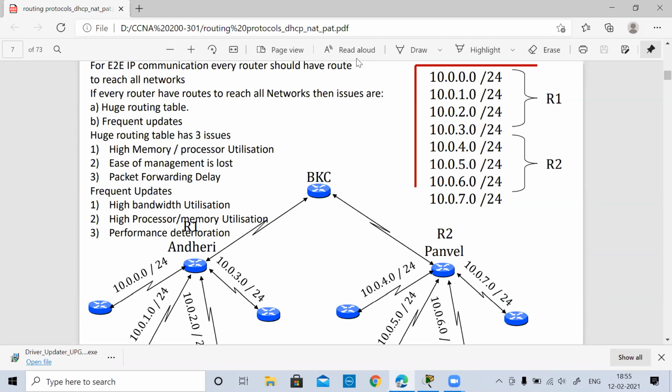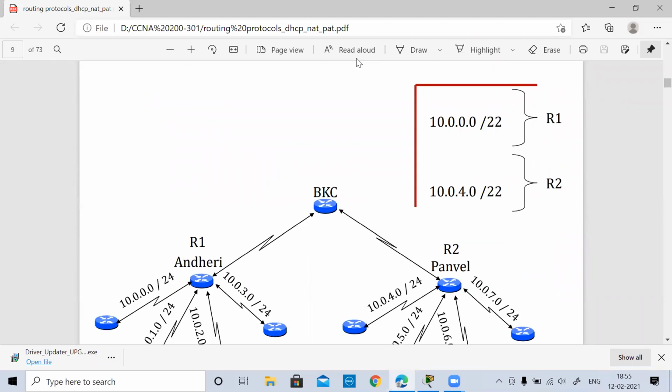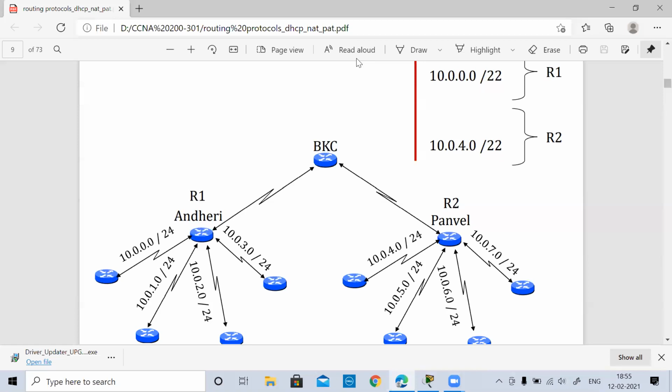Okay, so rather, if I summarize this, I will have only two network routes in my table, and only when entirely the router 1 goes down or entirely the router 2 goes down will this particular router come to know.